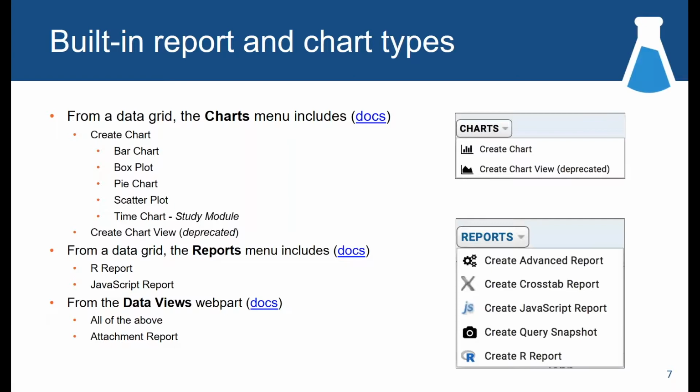Then with that data views web part that I mentioned, there are create menu items for all the things listed above, in addition to some more report types like attachment reports and link reports that allow for more static content that can be attached to a folder within LabKey or attached to a data grid. This might be something like a PDF report or a PNG to associate in that way with a data grid in LabKey.